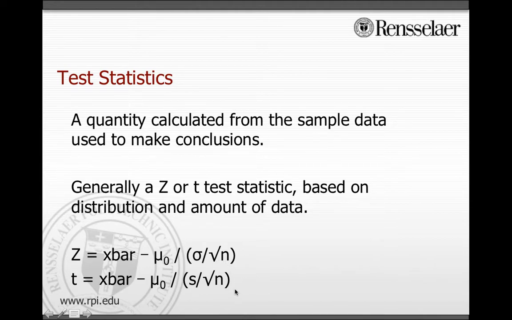Your t looks very similar in that it's x bar minus mu divided by the sample standard deviation divided by the square root of n. So we'll get into a little bit of how to tell whether to use a z or a t test statistic.